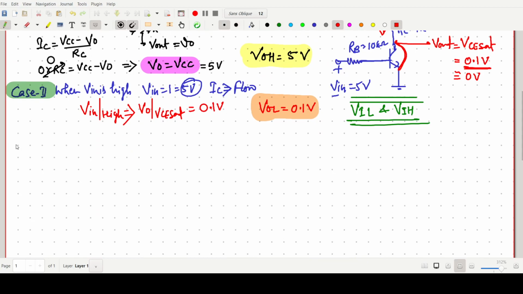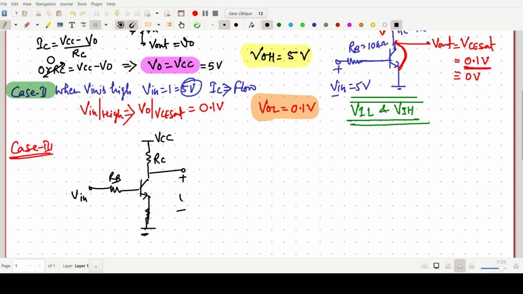So now we are writing case 3, some other situation. For this purpose once again I am drawing the circuit. This one is grounded, no need to make. This one is RC, VCC, RB and V in, and we are taking the output voltage V out.